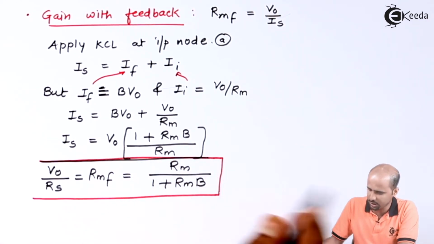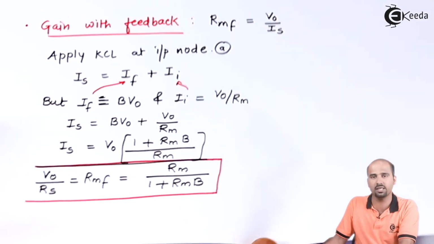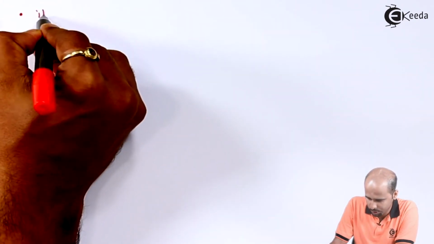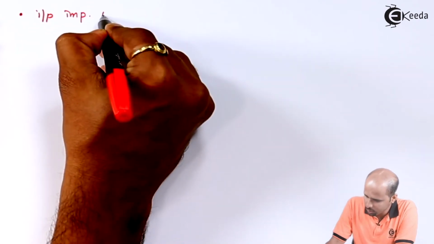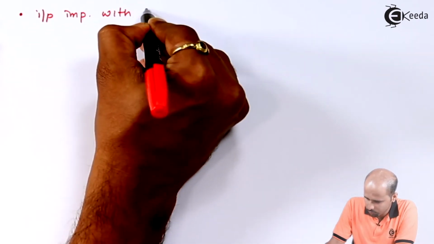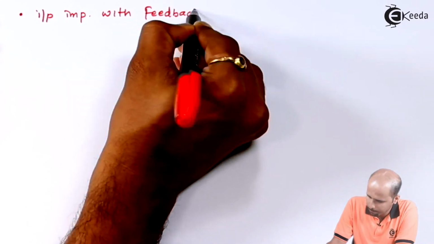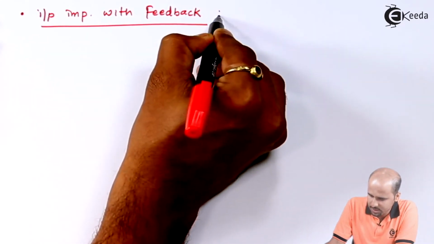So this is the conclusion, that we get a lesser amount of gain if we connect the feedback circuit. Okay, let's see how we'll get the value of input impedance with feedback.